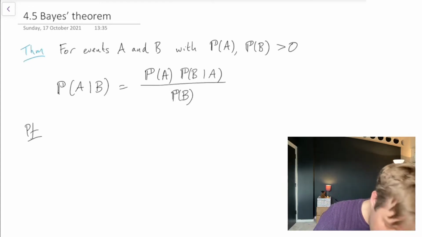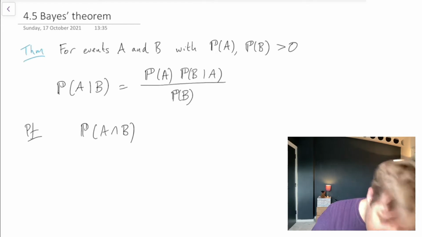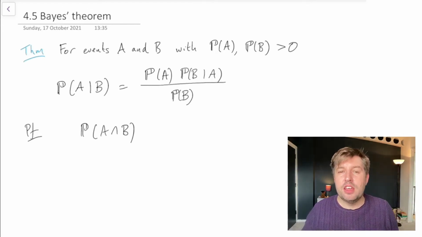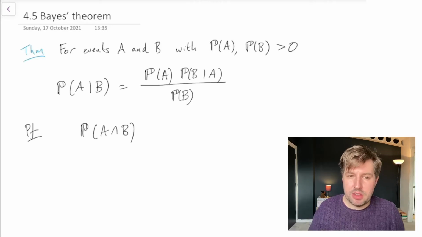The key here is to look at the probability of A intersection B, because this can be written in two different ways using the ideas we've seen in this section about conditional probability.